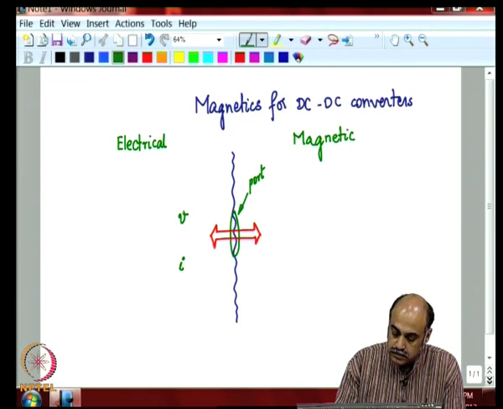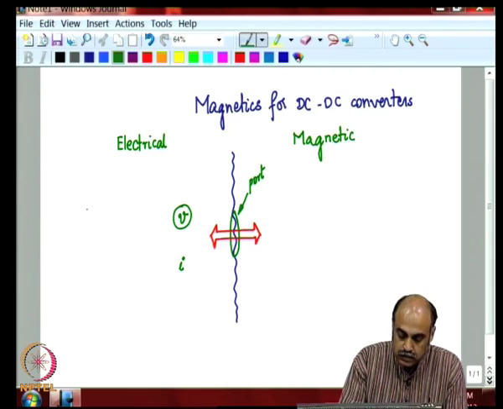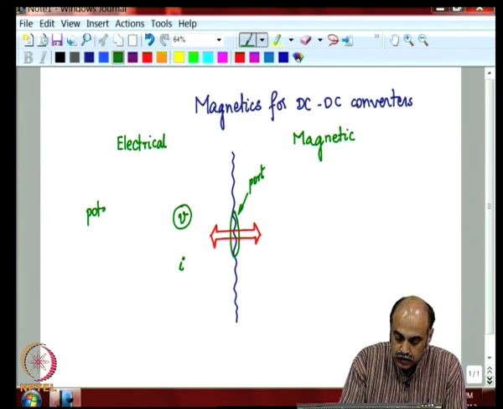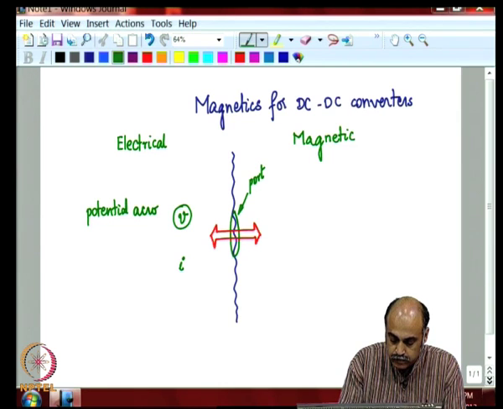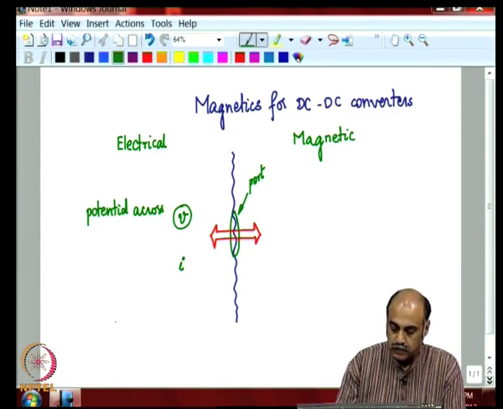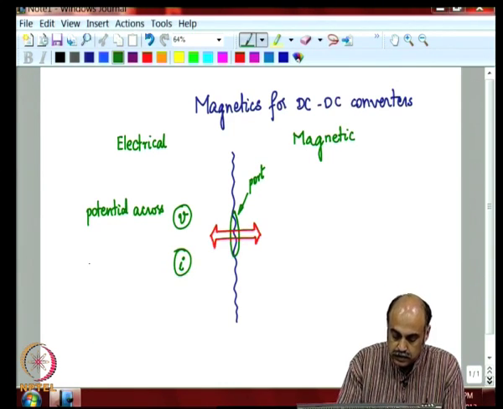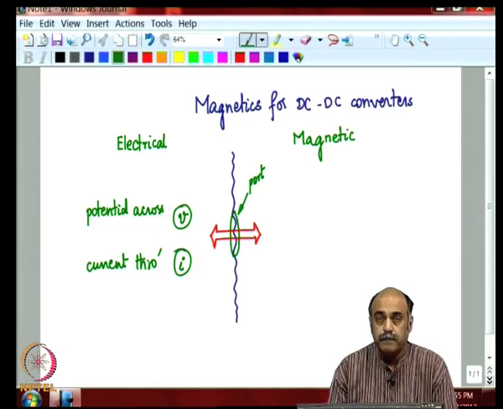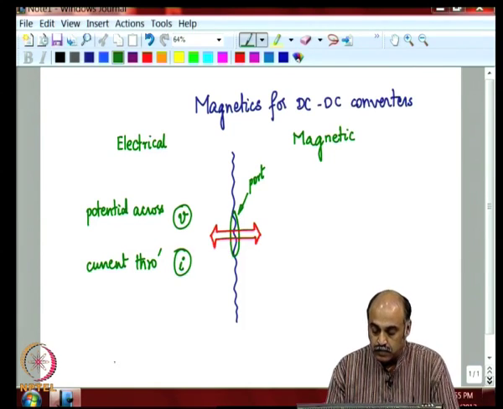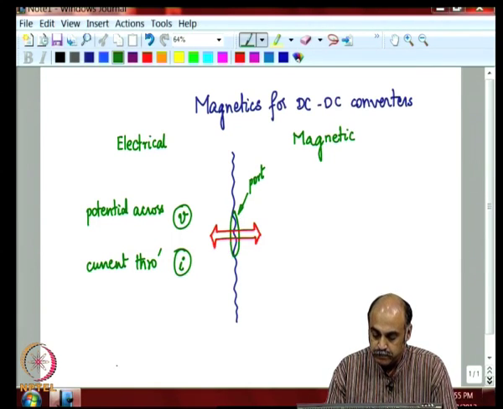Now, V is the potential across the port, and I is the current through the leads of the port wires.